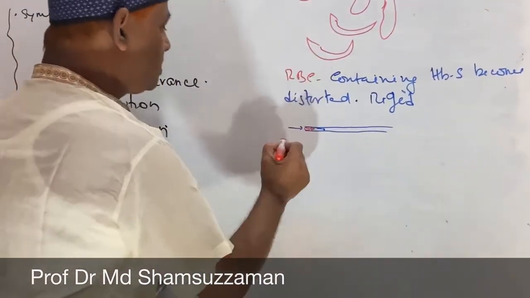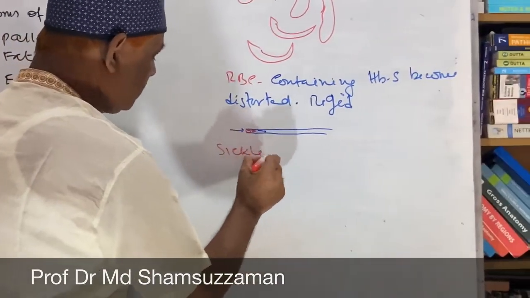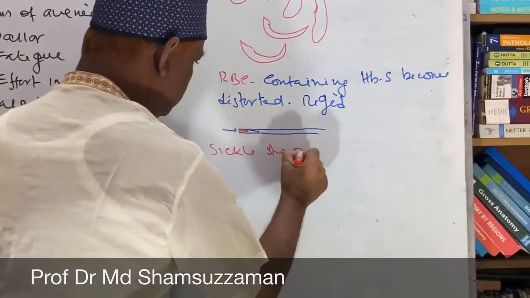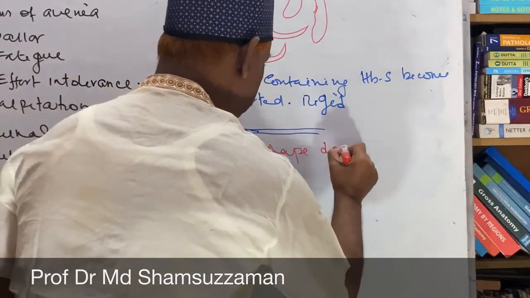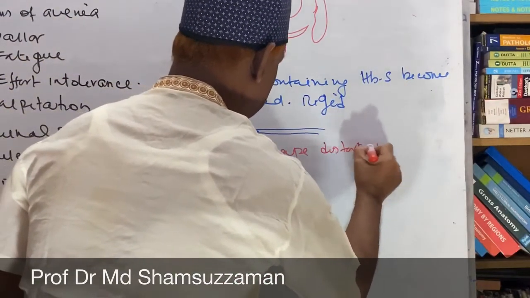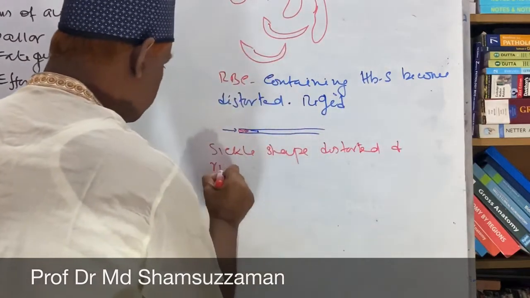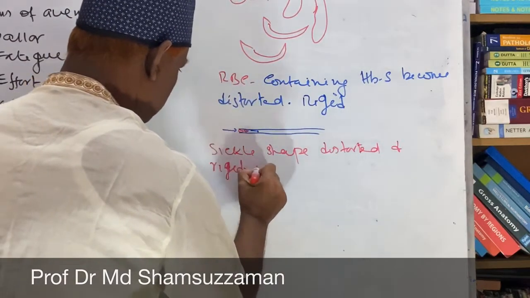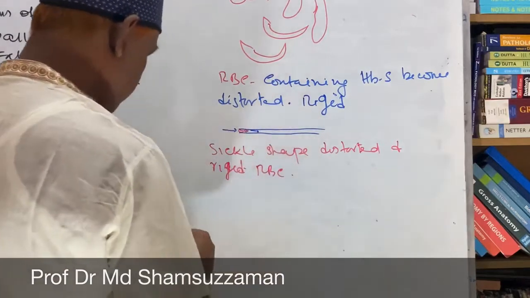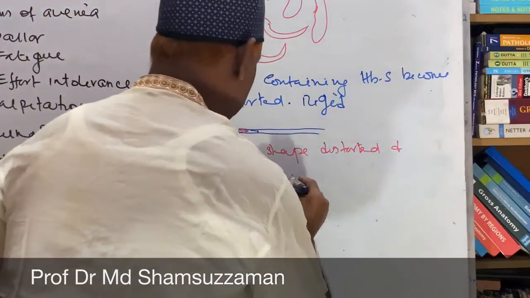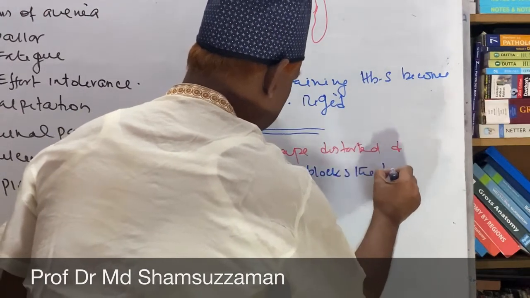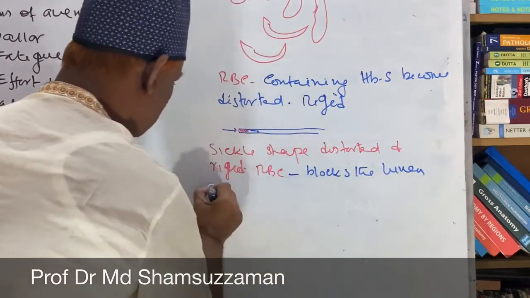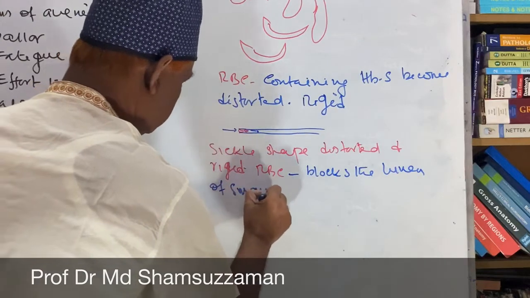So the sickle shaped, distorted and rigid RBC blocks the lumen of small blood vessels.